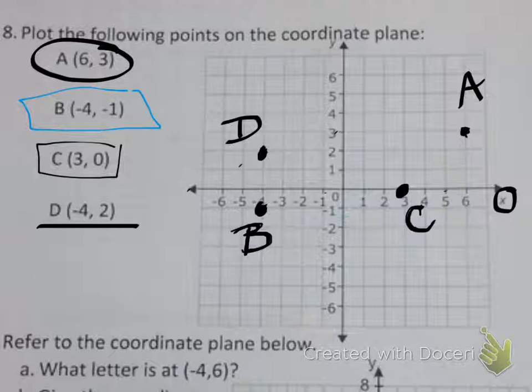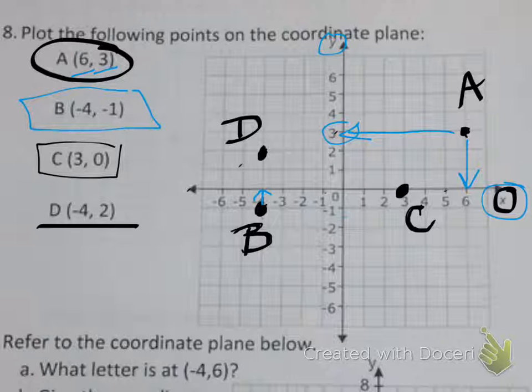So we have our different points. One thing you can notice for A, for instance, is that if we went down, it would point to a 6 on the X line and a 3 on the Y line. So that's where it gets the 6, 3. For B, on the X line, it points to the negative 4, and we always do X first, then Y. It's an ordered pair.